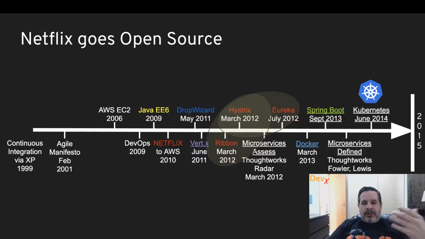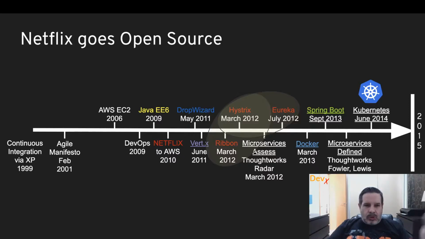Netflix, one of the first companies that produced microservices, released their products Hystrix and Eureka in 2012. Why is that important? Because Netflix went to the public and said, hey, one third of the internet traffic on Saturday night runs through our servers, and people were amazed. They wanted to know how they could scale.